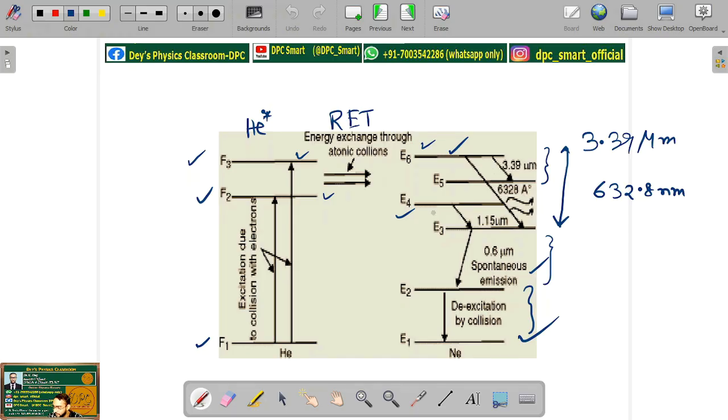So these are the additional radiations which are in the infrared region of the spectrum. The main radiation is 632.8 nanometer, which happens between E6 and E3 by the process of stimulated emission, and that we get as the output of the helium-neon laser.